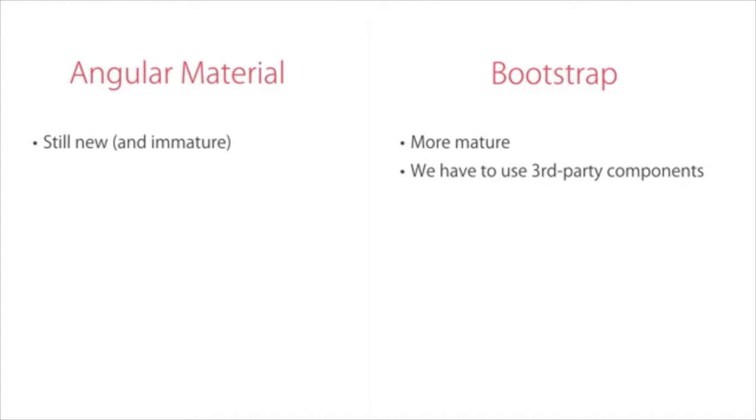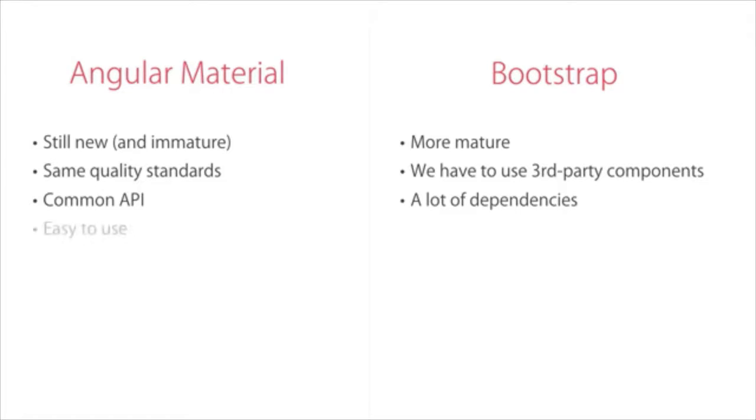And that means our application is going to have a lot of dependencies to libraries built by others. And these libraries can break at any time. So that's why I personally prefer Angular Material, because all these components are built with the same list of quality standards. They have a common API, they're well tested, and we can easily use them in our Angular applications. So, enough theory. Next, we're going to install Angular Material in our project.